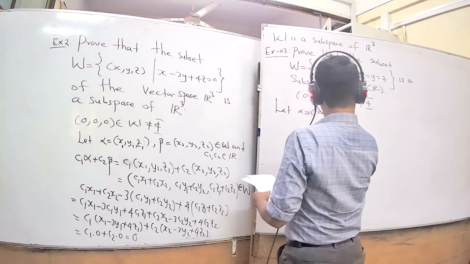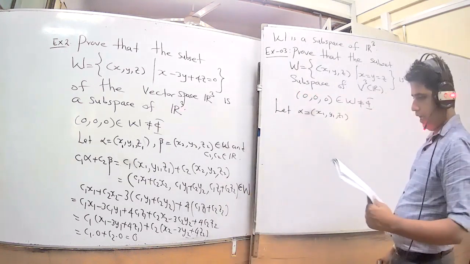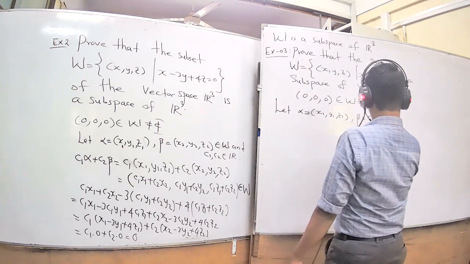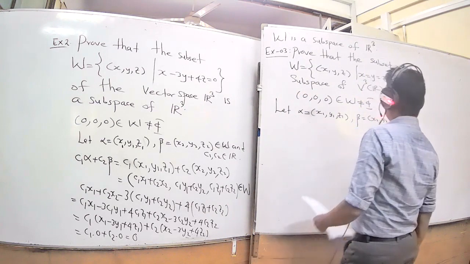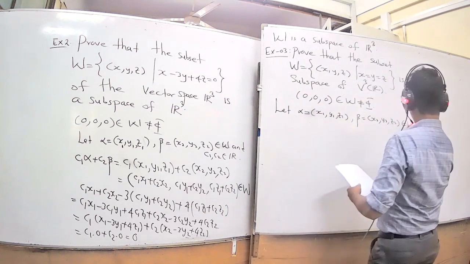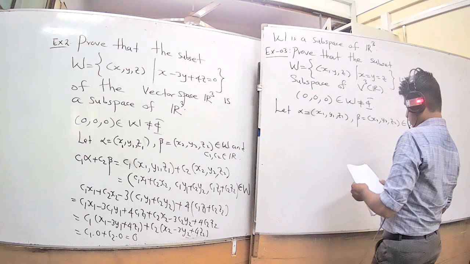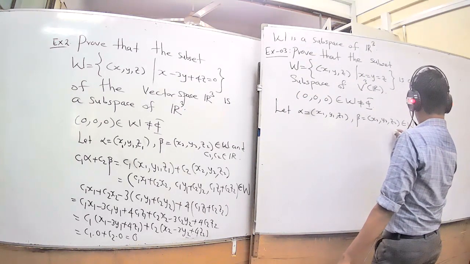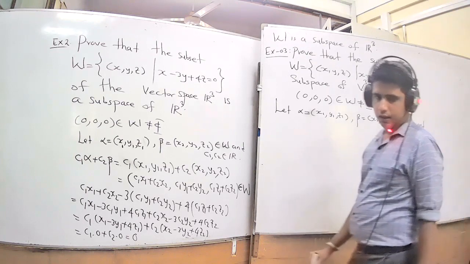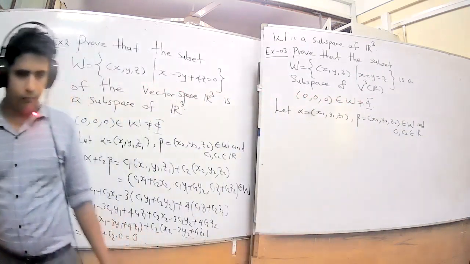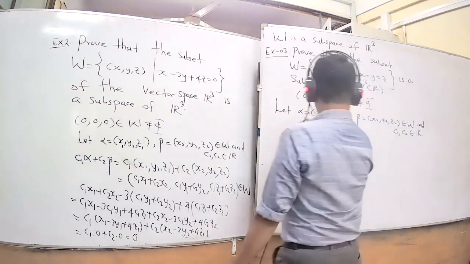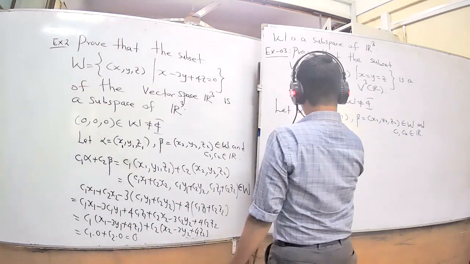Next, let alpha equal (x1, y1, z1) and beta equal (x2, y2, z2), with alpha and beta belonging to W, and c1, c2 in the real numbers. So from this we form c1 alpha plus c2 beta.